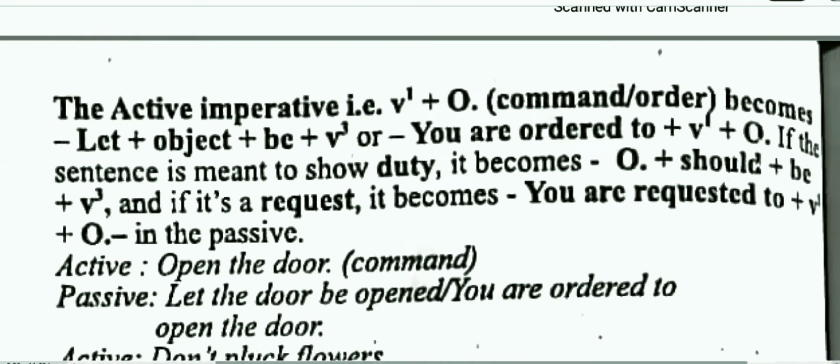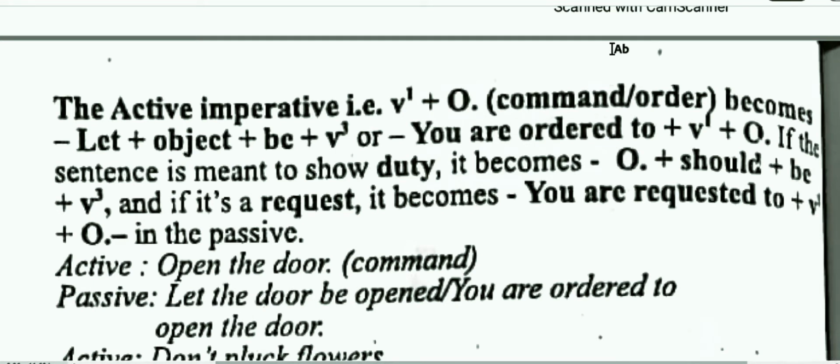See, here we have different kinds of sentences. In the case of imperative, that is the active imperative. Imperative sentence means, can you say what the imperative sentences are? The sentence with command, order, request, advice.